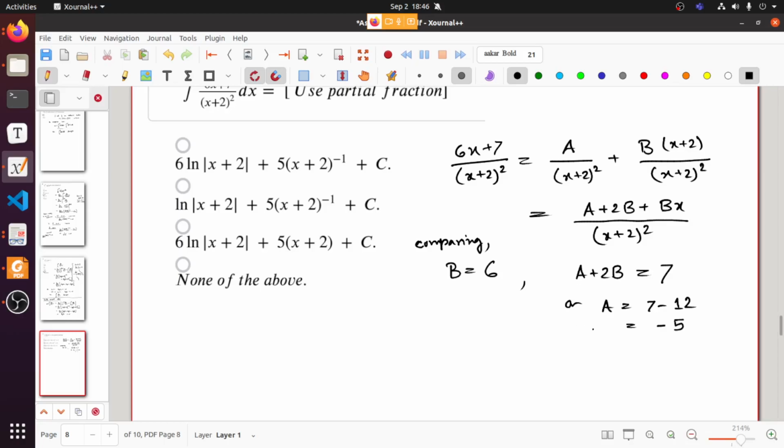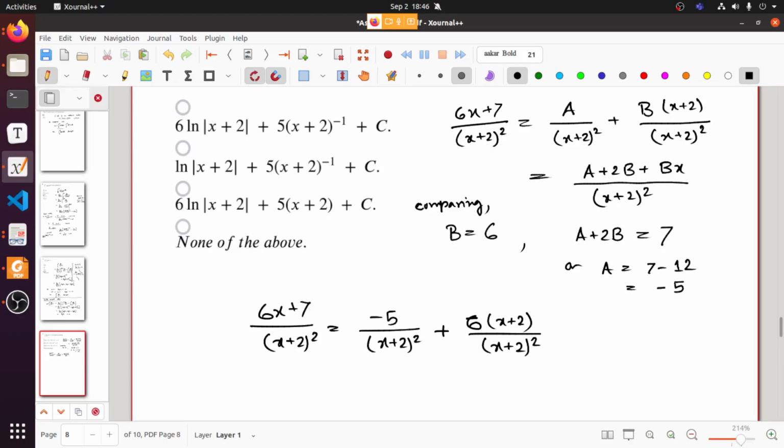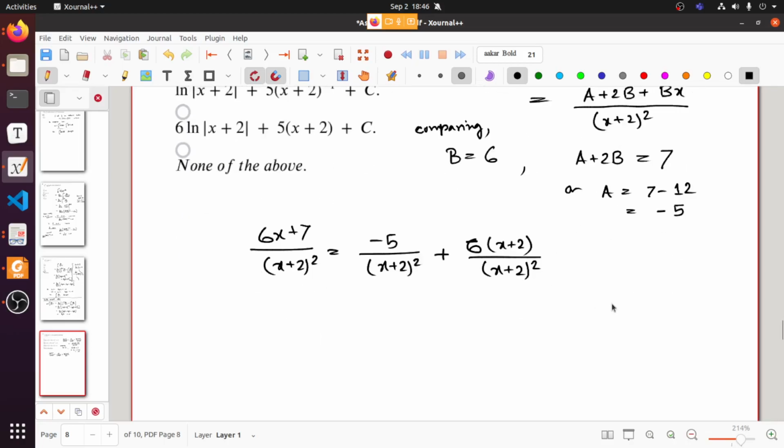So we get the values of a and b. Now put them here: (6x plus 7) by (x plus 2) whole square equals minus 5 by (x plus 2) whole square plus 6 (x plus 2) by (x plus 2) whole square. By partial fraction decomposition we get this, which is the same as minus 5 by (x plus 2) whole square plus 6 by (x plus 2), right?